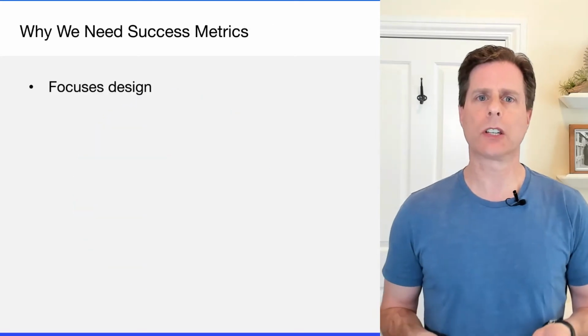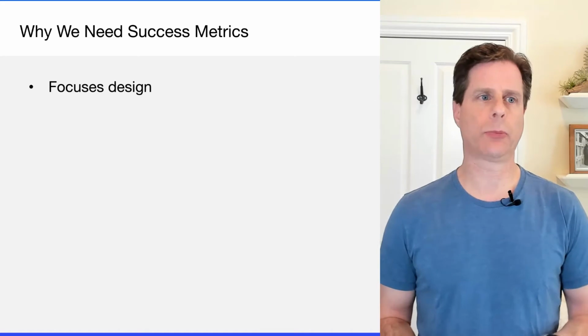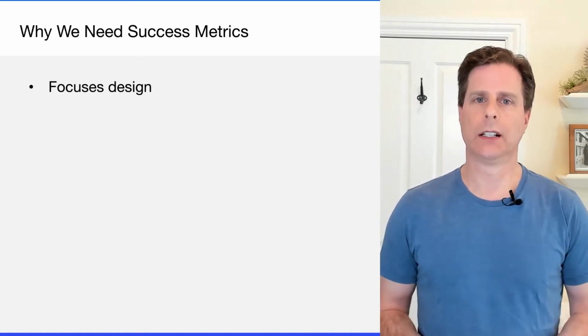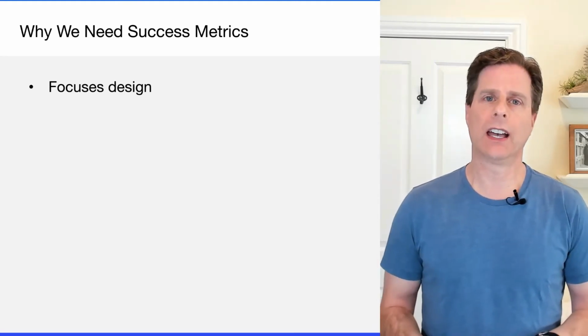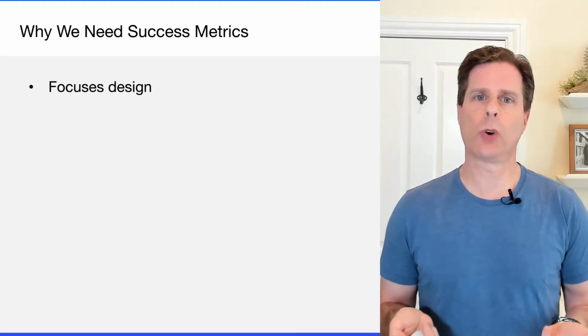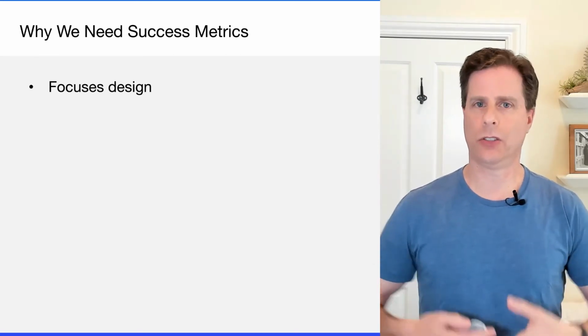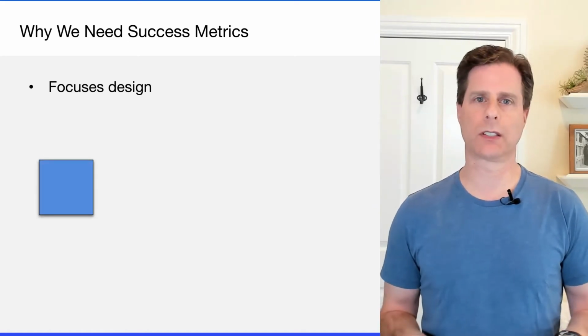So let's look at some of the benefits for using a success metric. The first one is it helps us focus the design. Let's say we're working on onboarding for the product, and if our success metric was the percentage of features that a user uses in the first few weeks, we'd come up with one potential design.